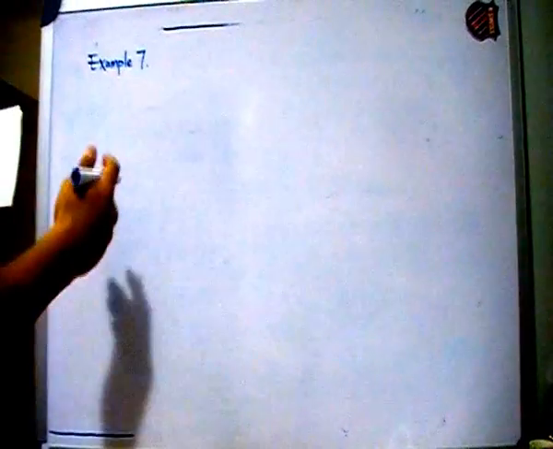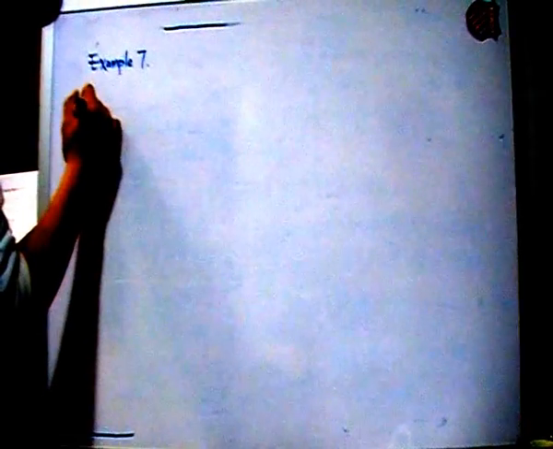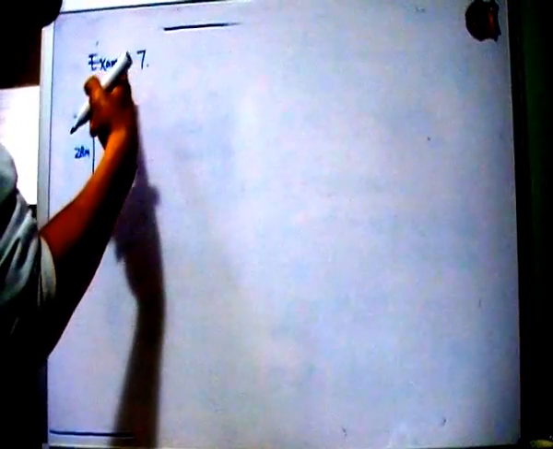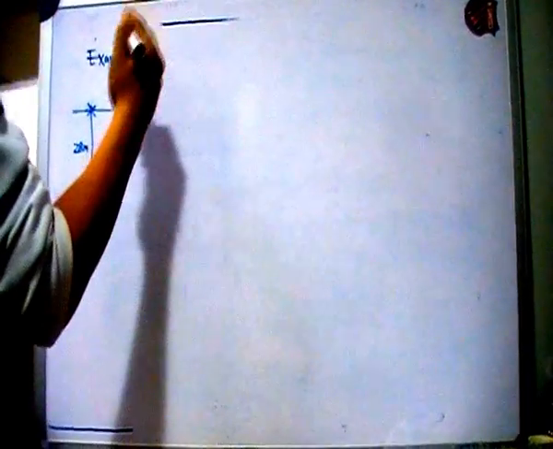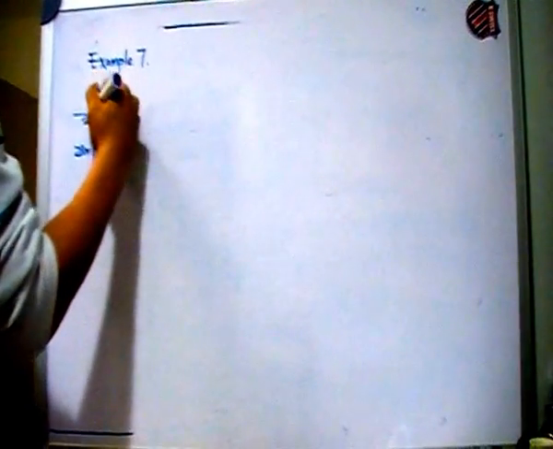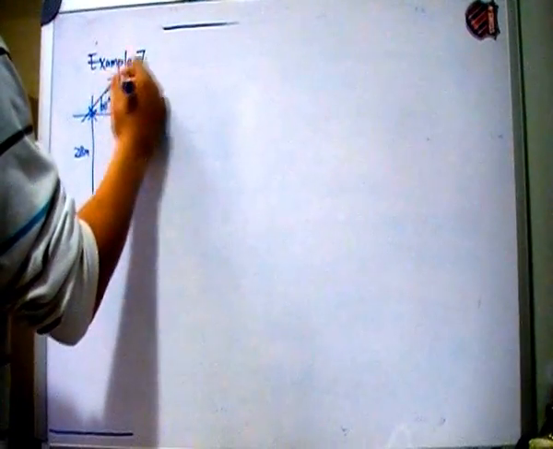They're saying a skyrocket was fired vertically into the air, and then at a height of 28 meters it explodes and projects at an angle of 60 degrees, so there's your 60 degrees, and it's going somewhere like that.